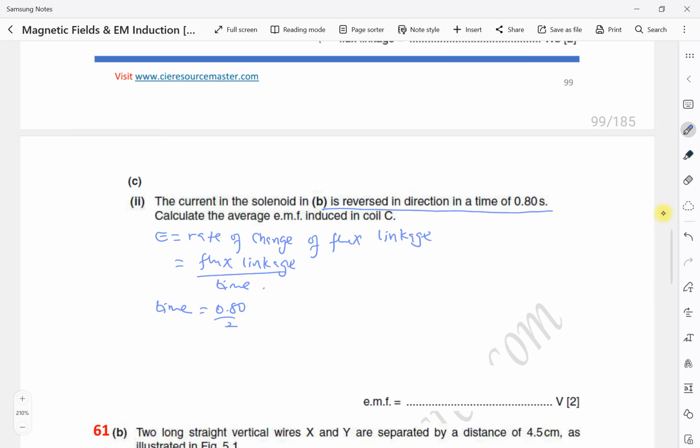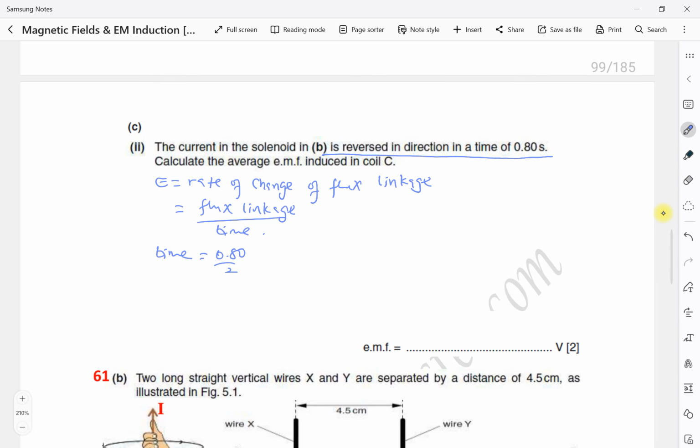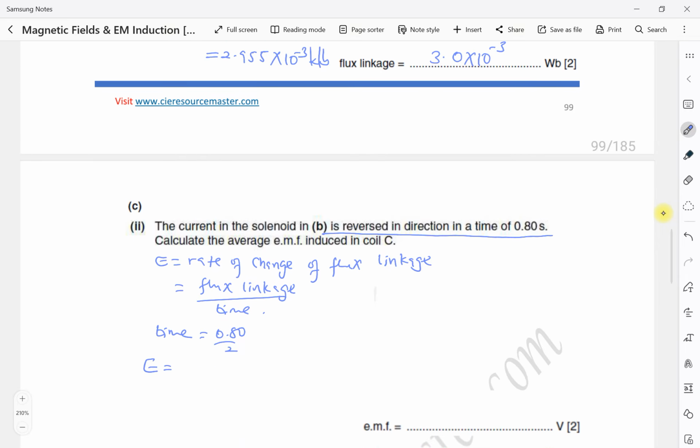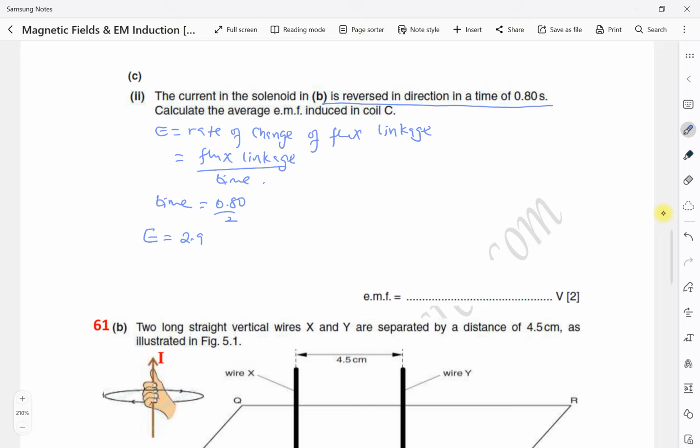So the e.m.f is going to be the change in flux linkage, which is 2.955 times 10 to the power of minus 3, divided by the time it takes to change, which is 0.80 divided by 2, which is the same as 2.955 times 10 to the power of minus 3, then times 2 divided by 0.80. Normally, whenever the current is reversed, you can just multiply by 2 and leave the time as it is.